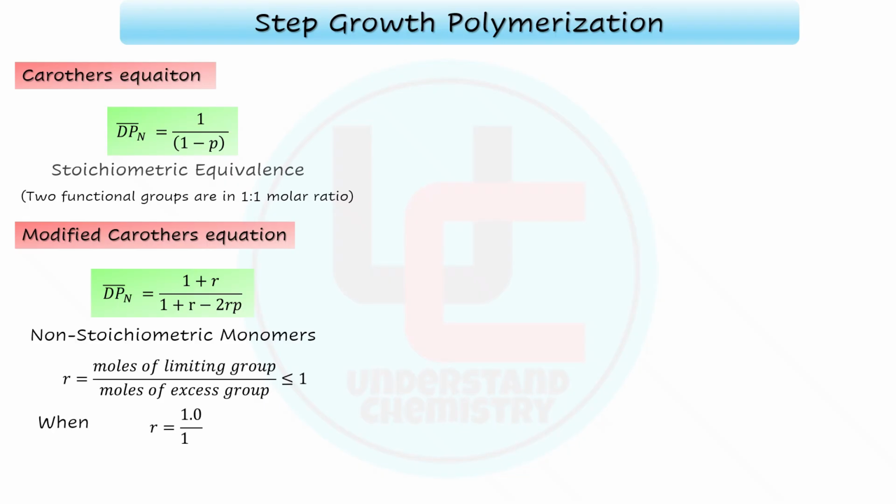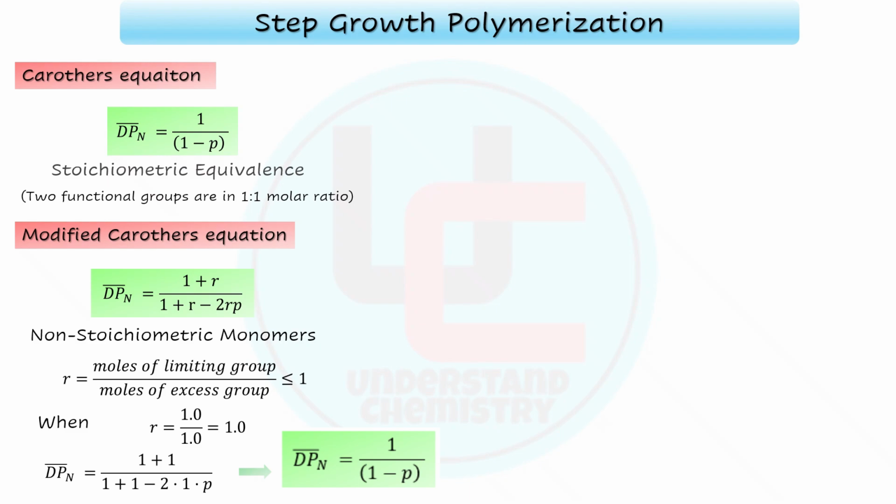For an equimolar ratio of functional groups, the value of R is equal to 1. By placing this value in the modified Carothers equation, we get DPn equal to 1 over 1 minus p, which is again the Carothers equation. This means when R is equal to 1, the modified Carothers equation and the Carothers equation give the same result.